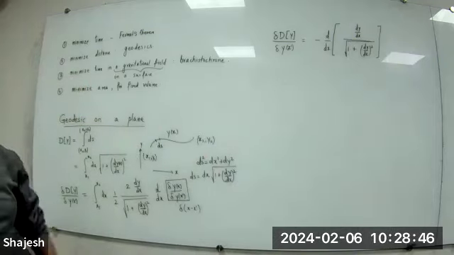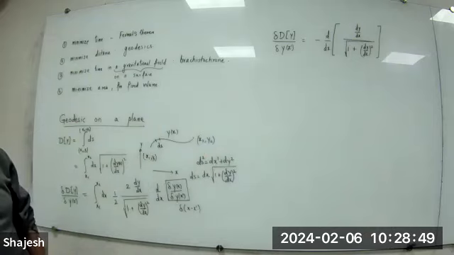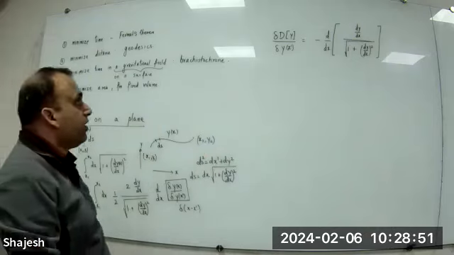This is the functional derivative. Minimization of this distance means I have to set this to 0.